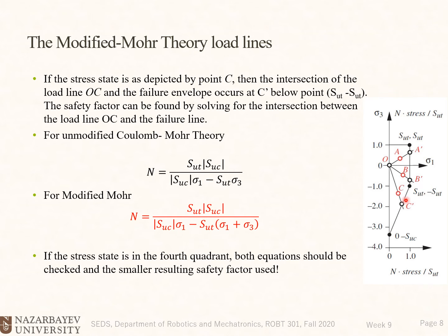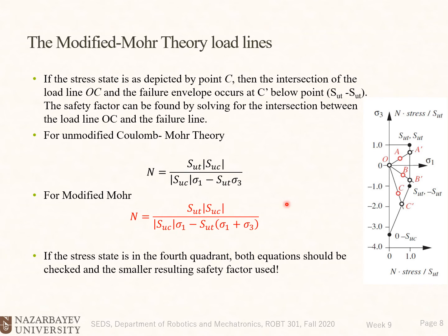If we do so, we could do that easily mathematically for the unmodified Coulomb-Mohr theory. For the unmodified one, the failure line is from here to here. If we connect this point to this point, we have the failure line for Coulomb-Mohr theory.